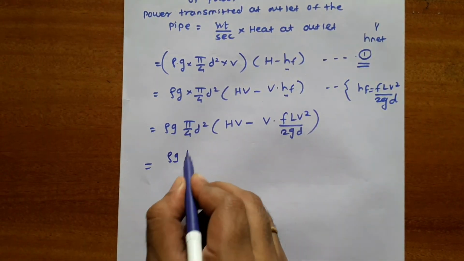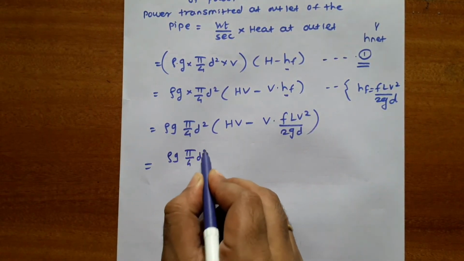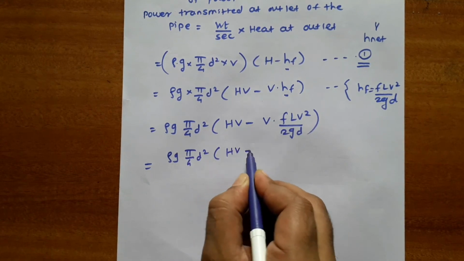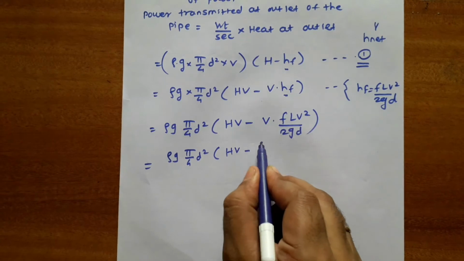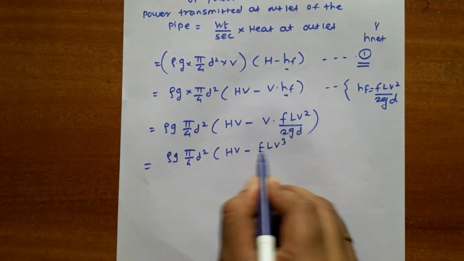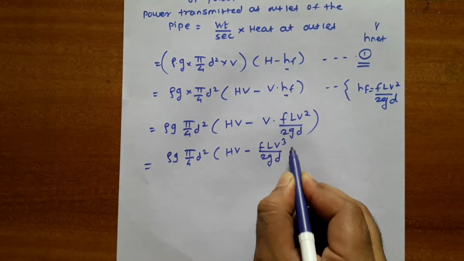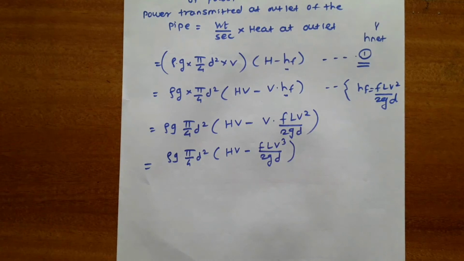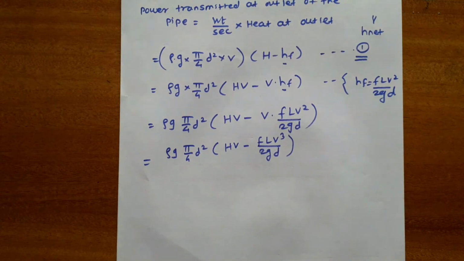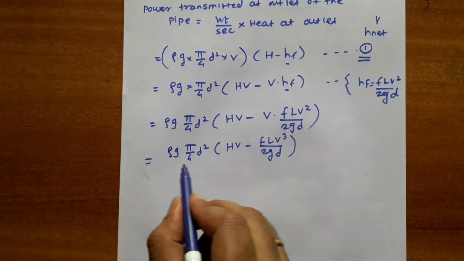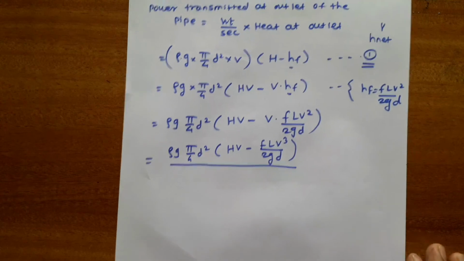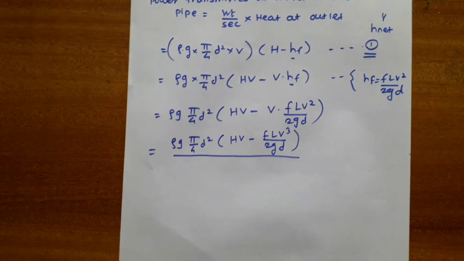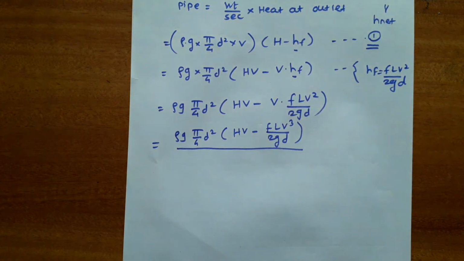Rho G pi by 4 D square into HV minus V into V square, which is V cube, into FL by 2GD. Now the condition for maximum transmission of power is obtained by differentiating this equation with respect to V, because V is the velocity of water.